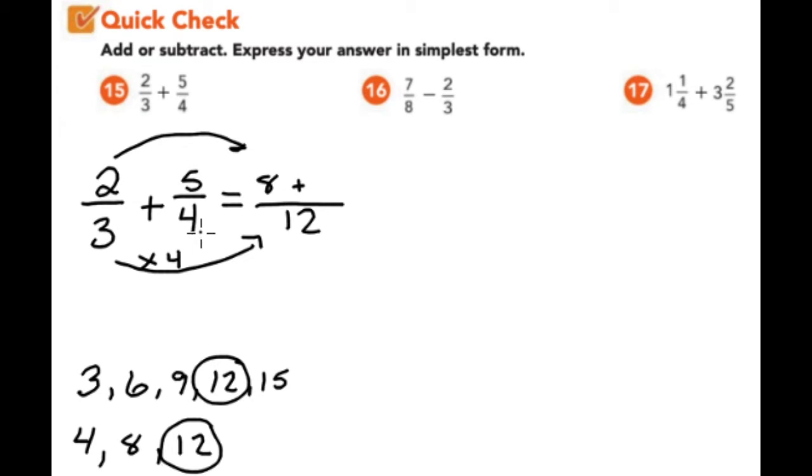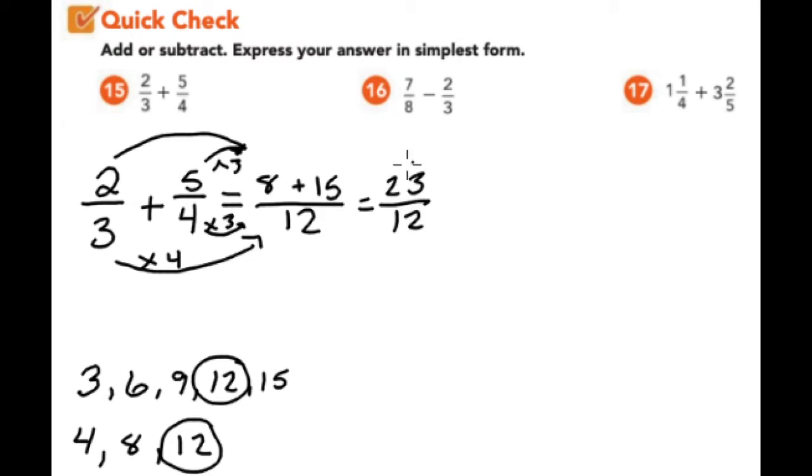Plus 4 goes into 12 3 times. 5 times 3 gives us 15. So this leaves us with 8 plus 15 on top and 12 on bottom. If we add 8 and 15 together, that would give us 23 over 12.